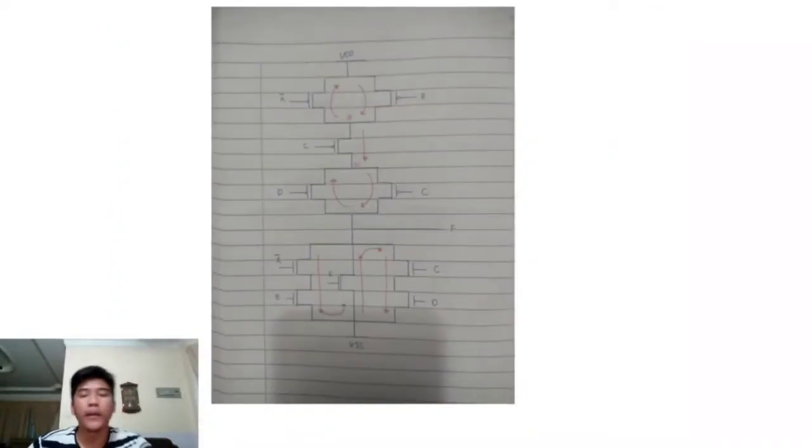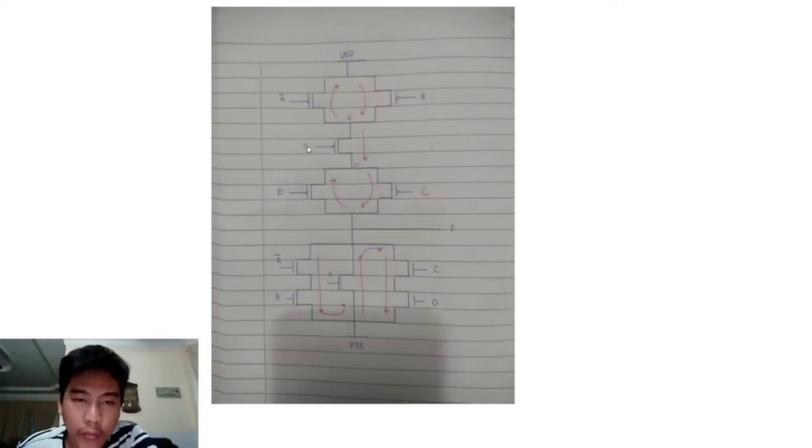For my Euler path, I go through 1 A bar to B, B goes to point 2, which crosses E, not C. I drew an arrow here: 2 to C, and C to D. This is for my pull-up network.